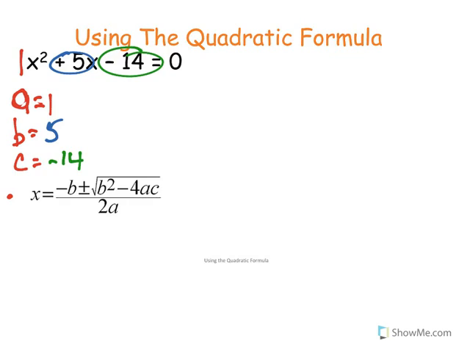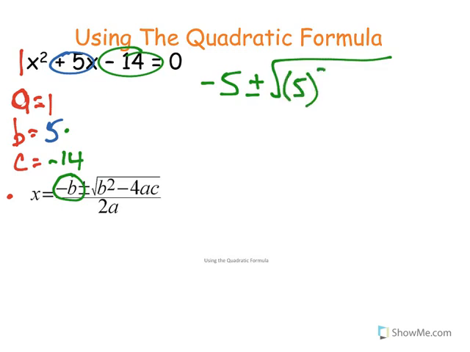So I'm going to say negative b is negative 5, because that's what b is right here, plus or minus the square root of, now b is 5, everything needs to go in parentheses here, 5 squared, negative 4, so I know it's really minus, but if we emphasize that it's negative, you're not really subtracting, you're multiplying, negative 4 times a times c, and the sign of the number becomes the operation symbol.